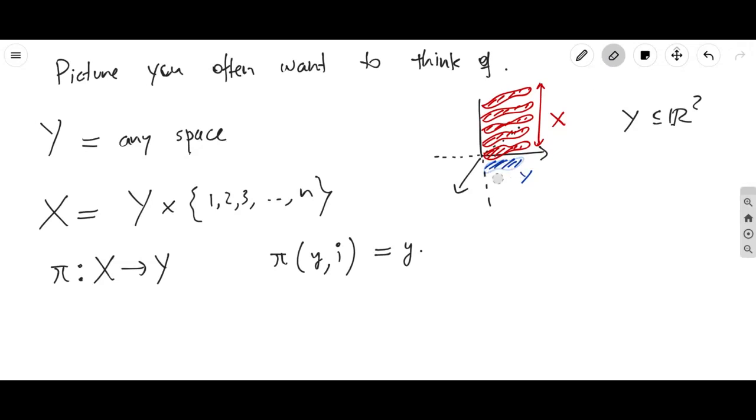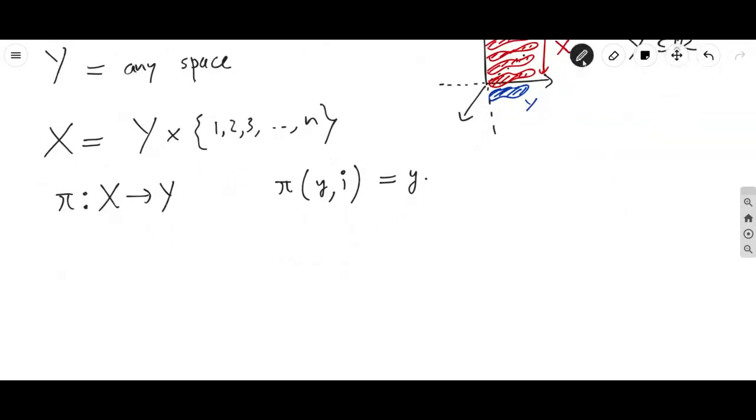Because what's the definition of a covering map? We have to show that for any point in Y, you can find an open set, so that when you pull back that open set, you can write it as a disjoint union, and all of those sets get mapped homeomorphically to Y. And that's exactly what's going on over here. Maybe I should write it out a little bit more carefully.